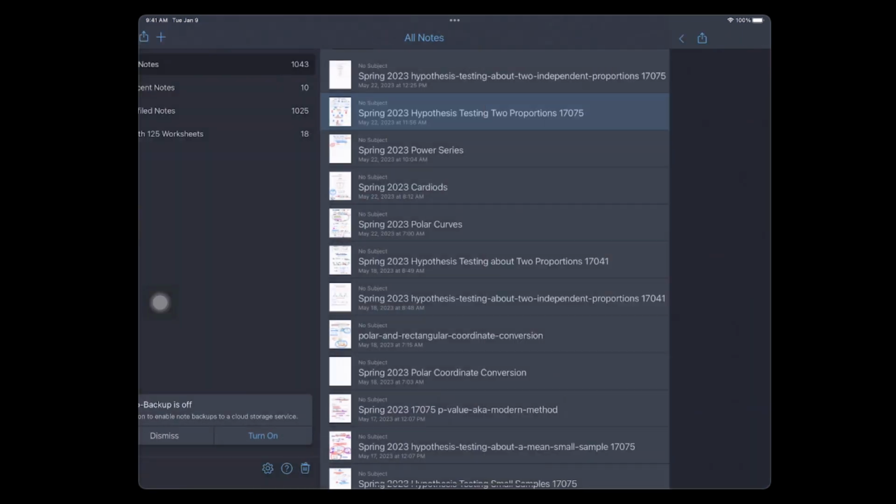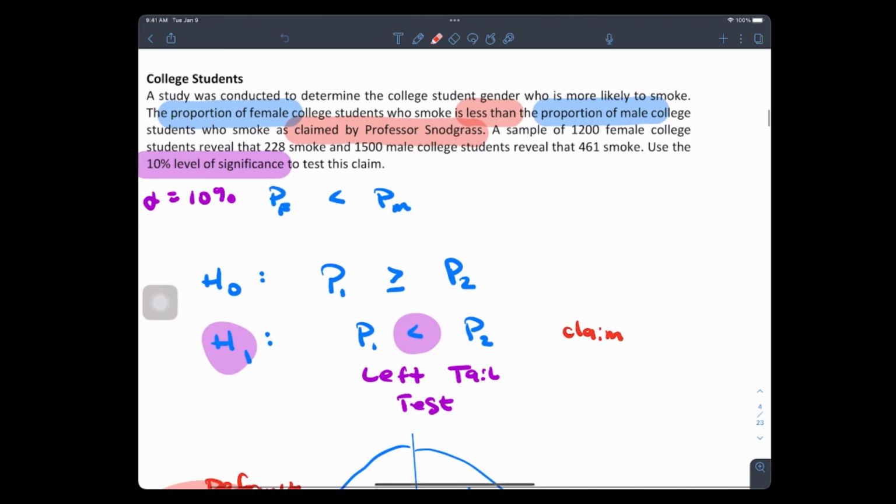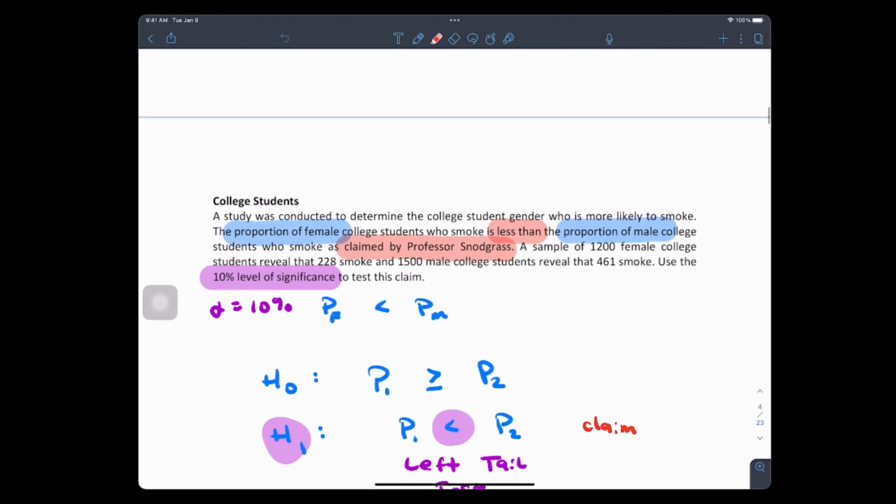So when you go back and read this question, I'll put the sample information up here. Sample 1 is going to be the females. Sample 2 is going to be the males, or men.